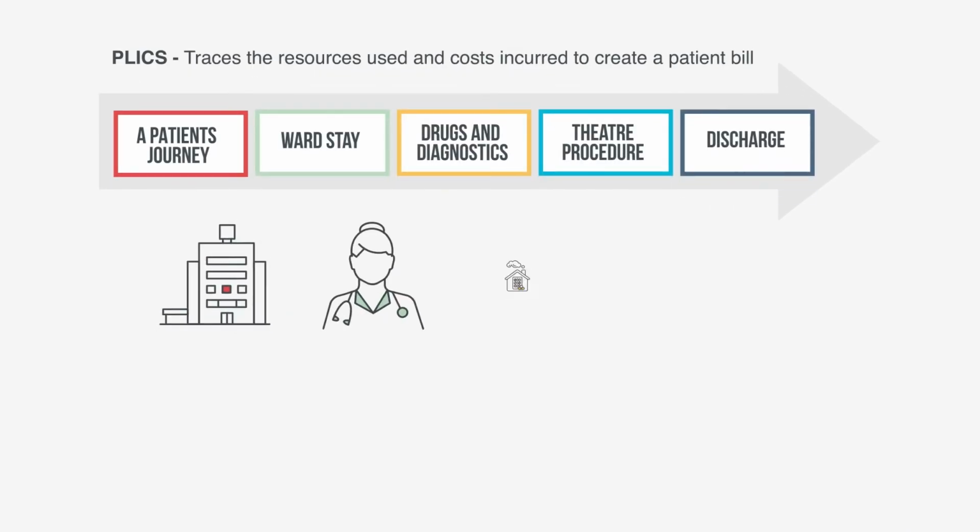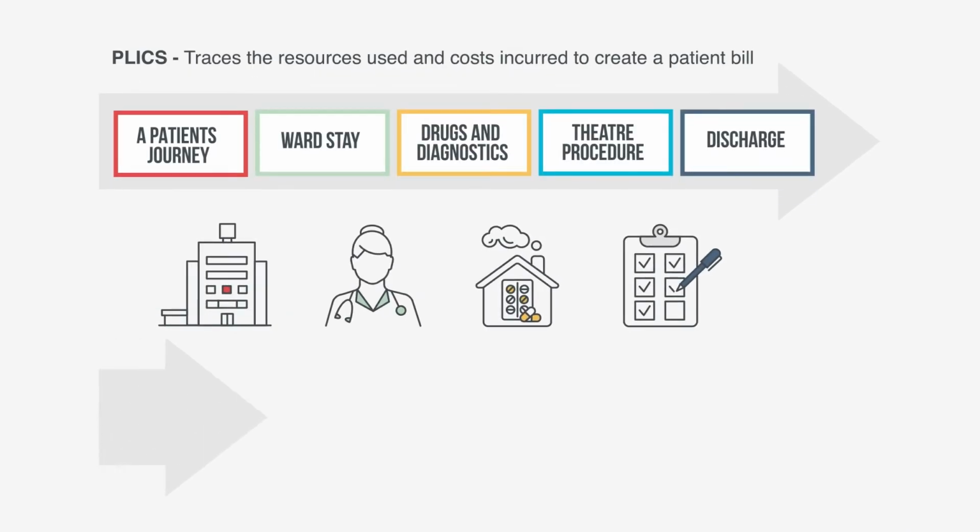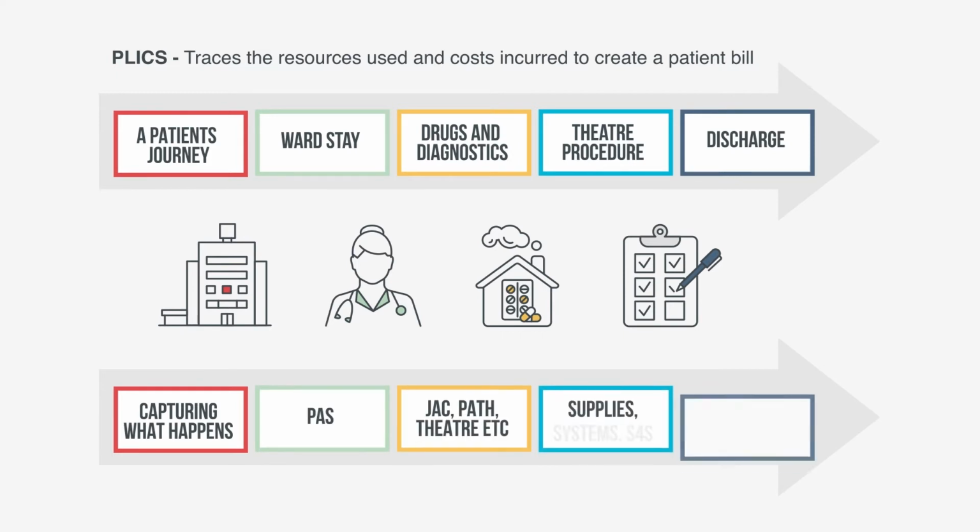PLICS presents highly granular information on the actual care individual patients receive, which allows an NHS team to identify their costs at an individual patient level. This transformation has changed the meaning of costing in the NHS.